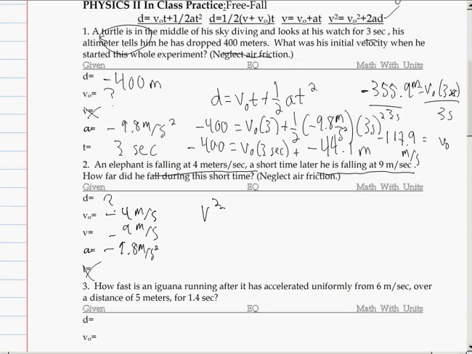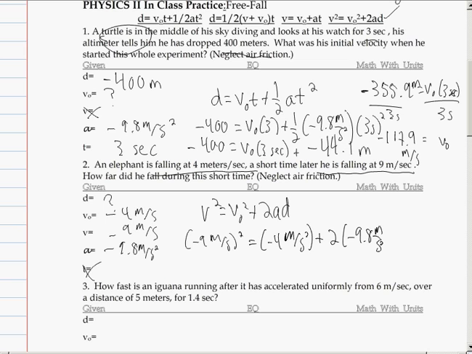So we'll go ahead and use v squared equals v0 squared plus 2ad, which means we have negative 9 meters per second, quantity squared, equals negative 4 meters per second, quantity squared, plus 2 times negative 9.8 meters per second squared, times d.